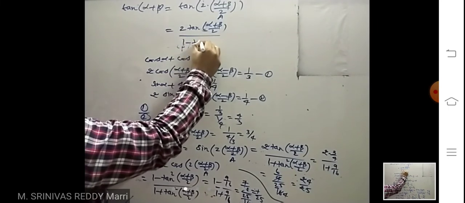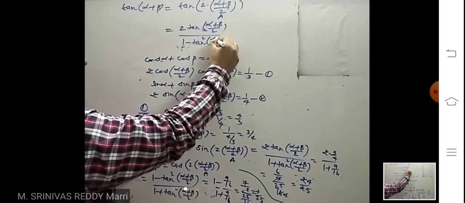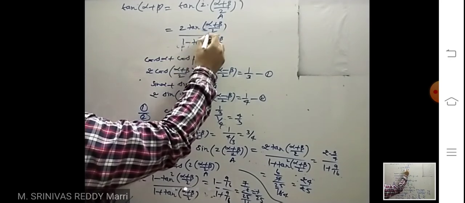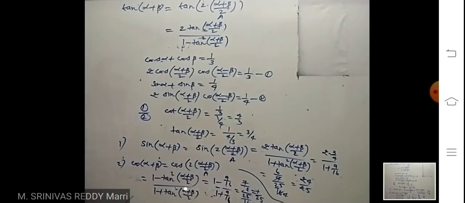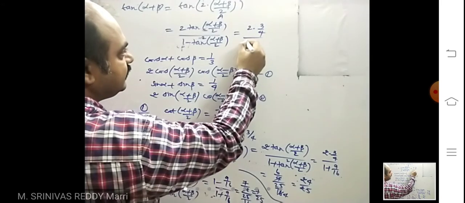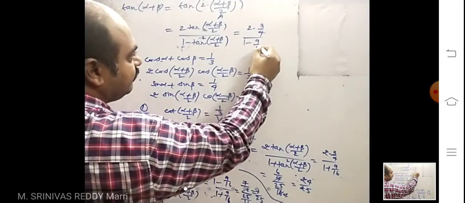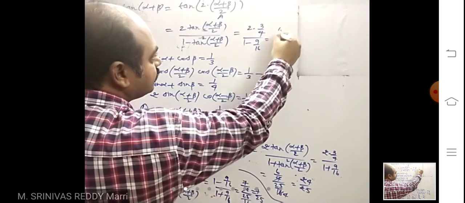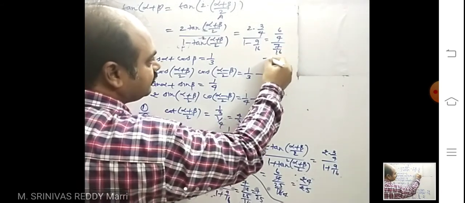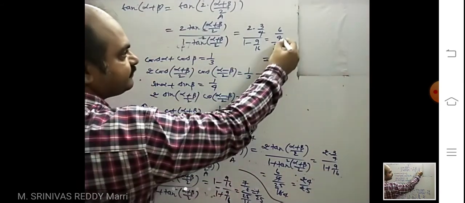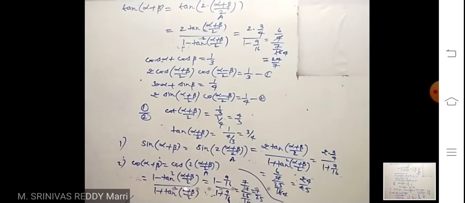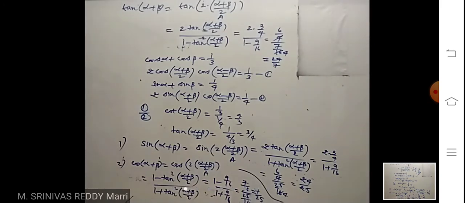So this is 2 into 3 by 4 divided by 1 minus 9 by 16, that is 6 by 4 divided by 7 by 16. You take the LCM, so the 4 will get cancelled, and 4 will come up. 24 divided by 7. That is the answer, 24 divided by 7.